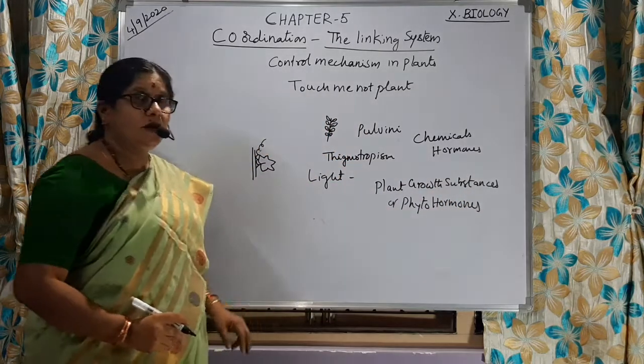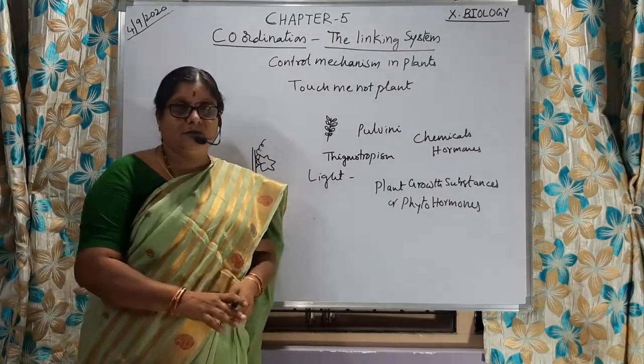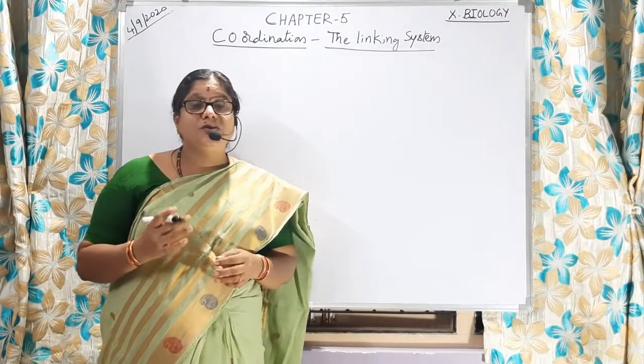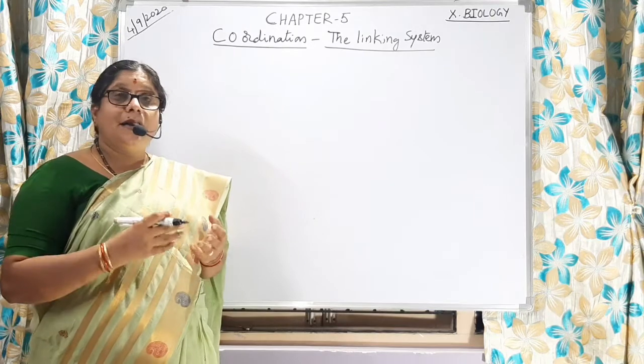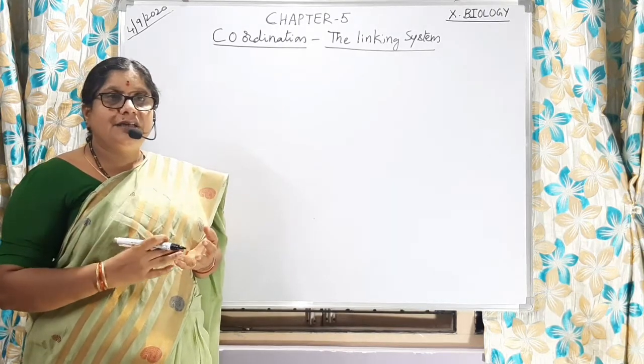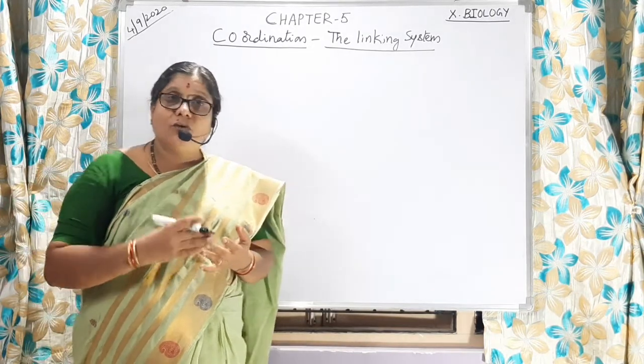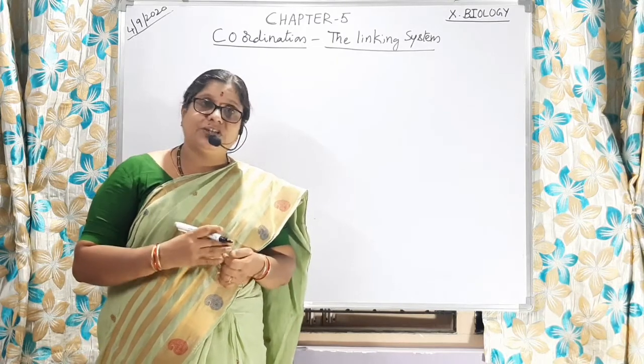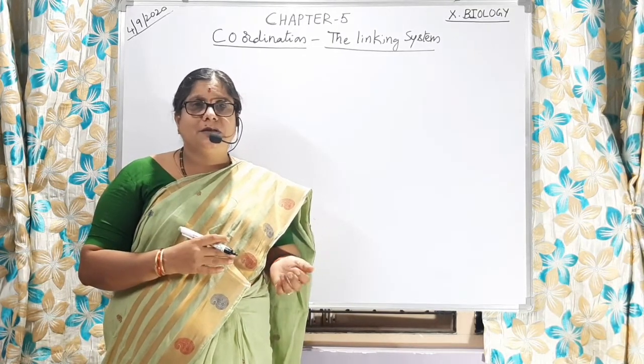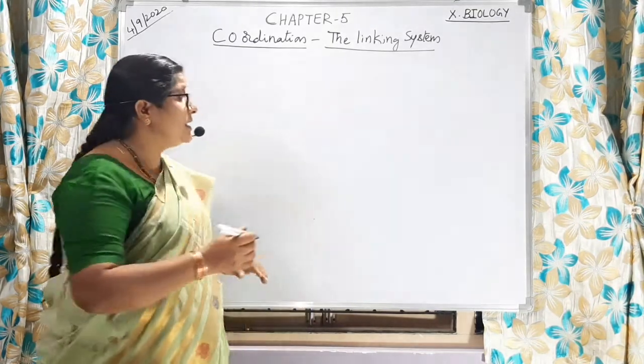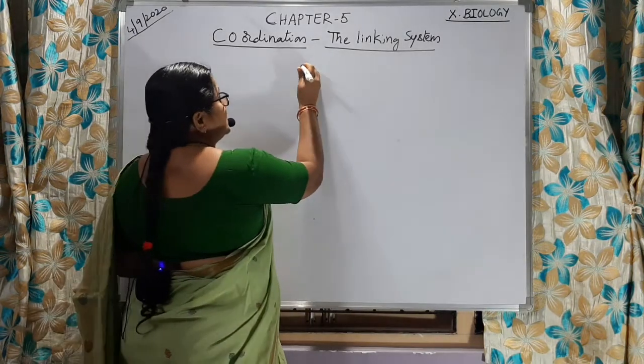Plant growth substances are phytohormones. Plants show response to light, gravity, water, heat, pressure, and some chemicals. All of this happens because of plant growth substances.